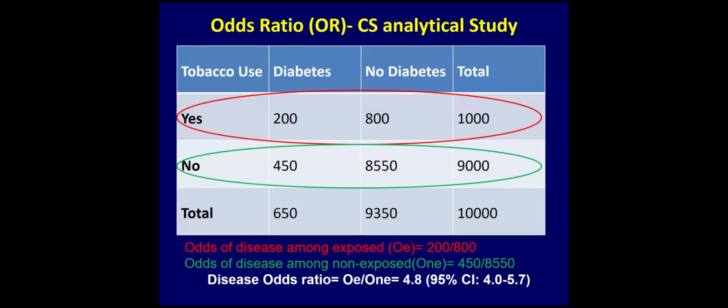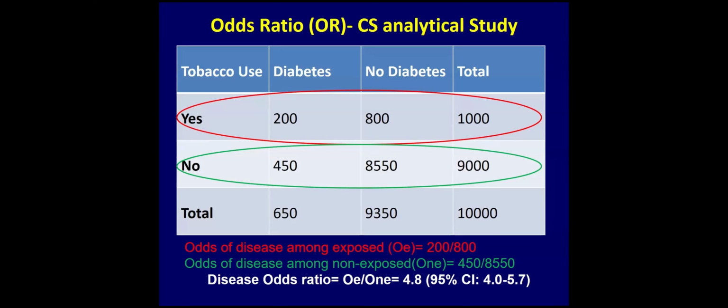Why do you want to do all those things when the easiest measure is to tell in terms of how big is the prevalence among those who are using tobacco when compared to those who are not using tobacco? It is 4 times. Why do I need to talk in terms of odds? That is one simple way of describing or explaining it.